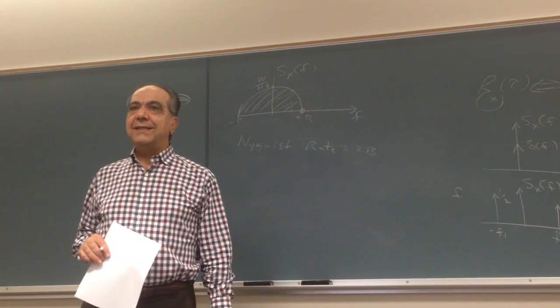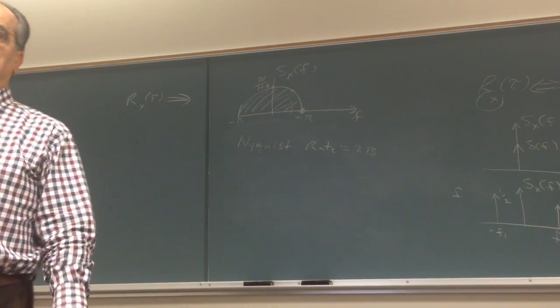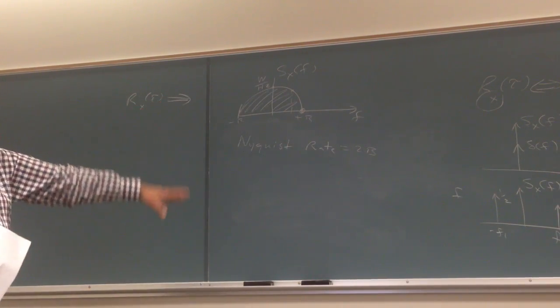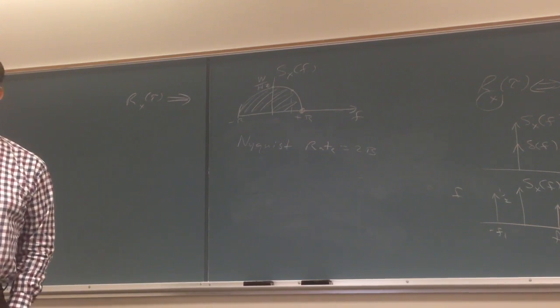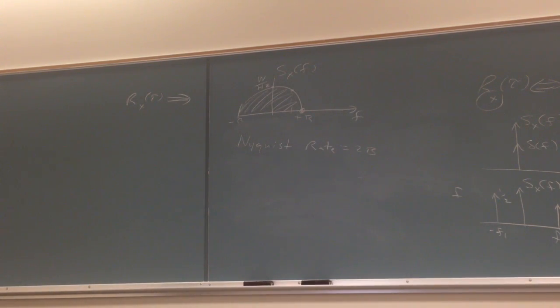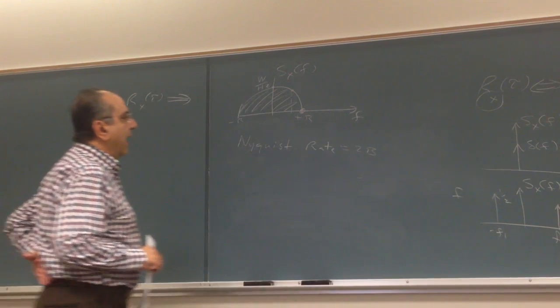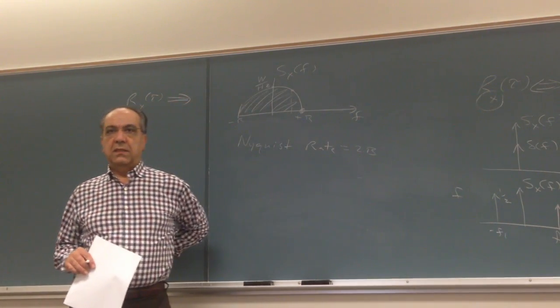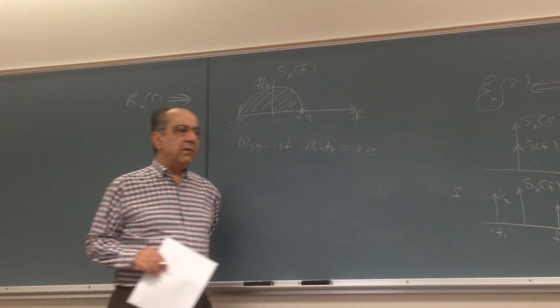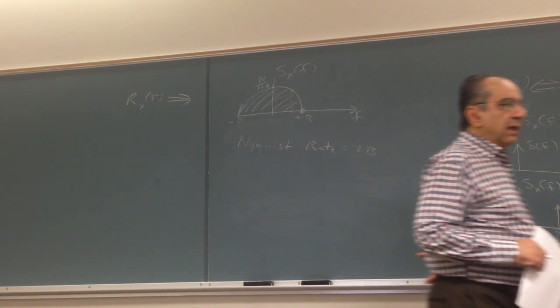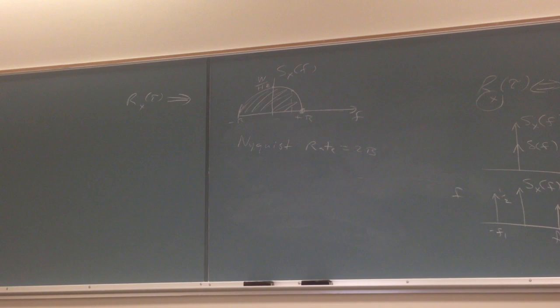What is the Nyquist interval for this signal? Nyquist interval is equal to 1 over 2b, correct. It is 1 over the Nyquist rate. You have to be familiar with these terminologies. If you know them, then the question is so simple.